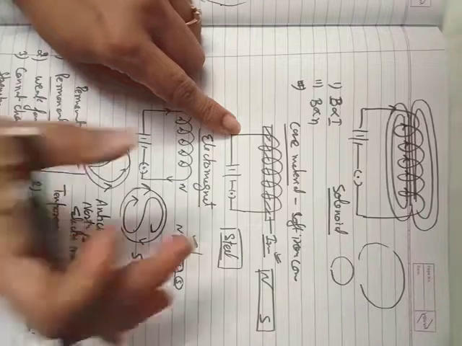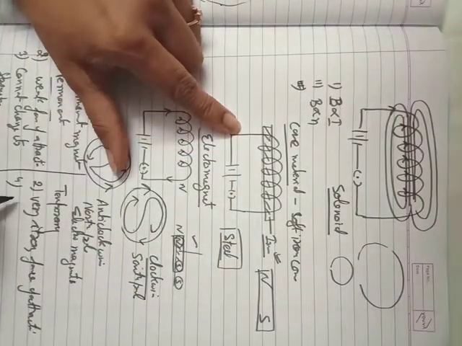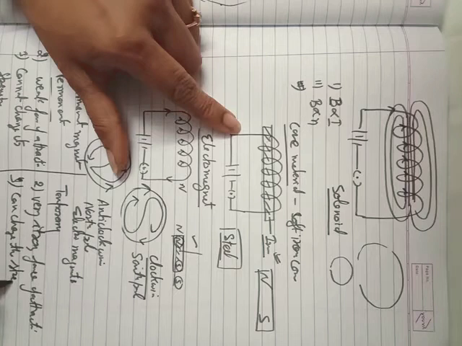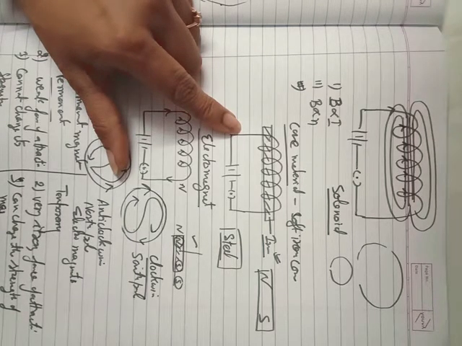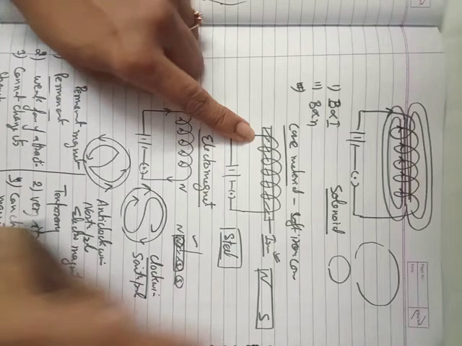So we can change the strength of the magnetic field of an electromagnet, but can't for the permanent magnet.